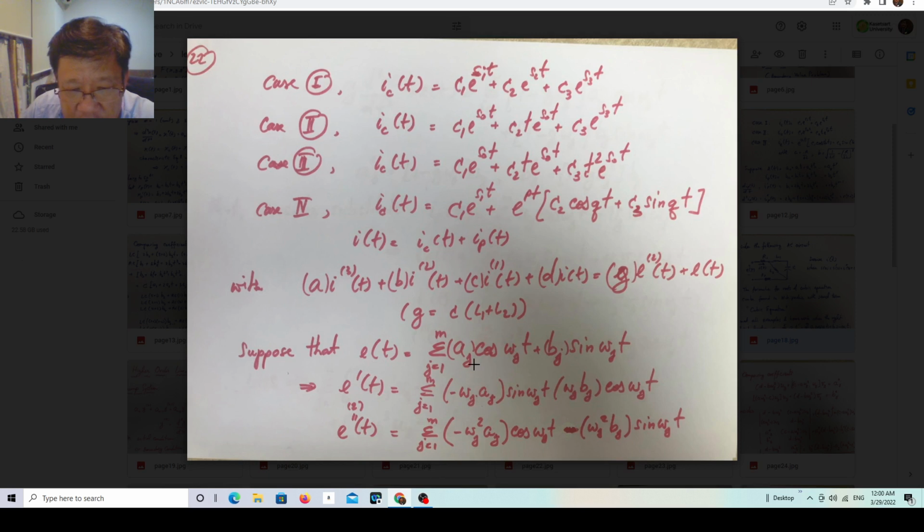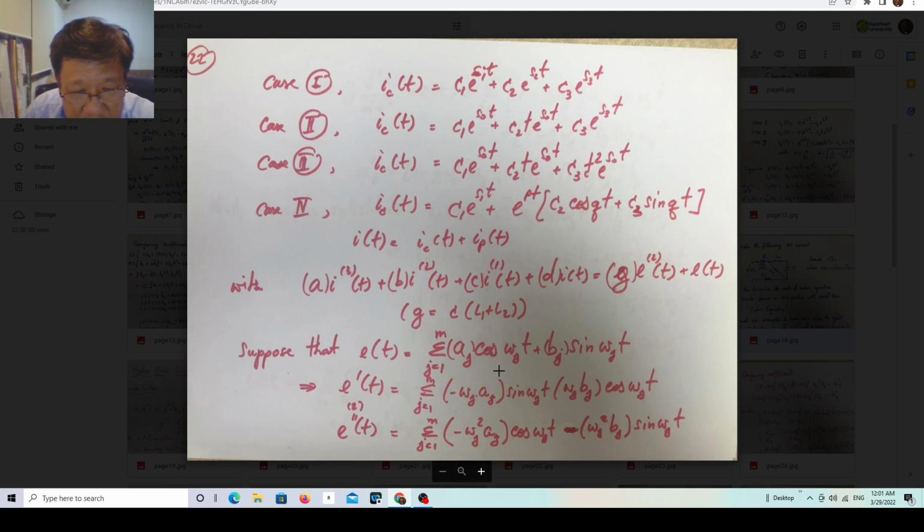The first order you can easily find using basic calculus. We find the derivative of e over t, and since a sub j and b sub j are constants, with omega j also a constant for all j, it only relies on domain t. So when you find the derivative of cos, you get a minus sign here.